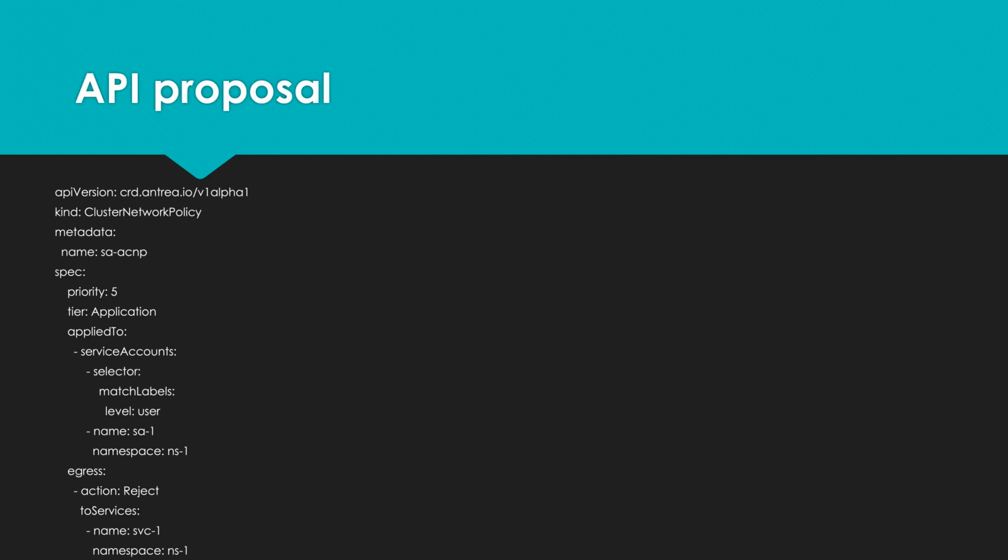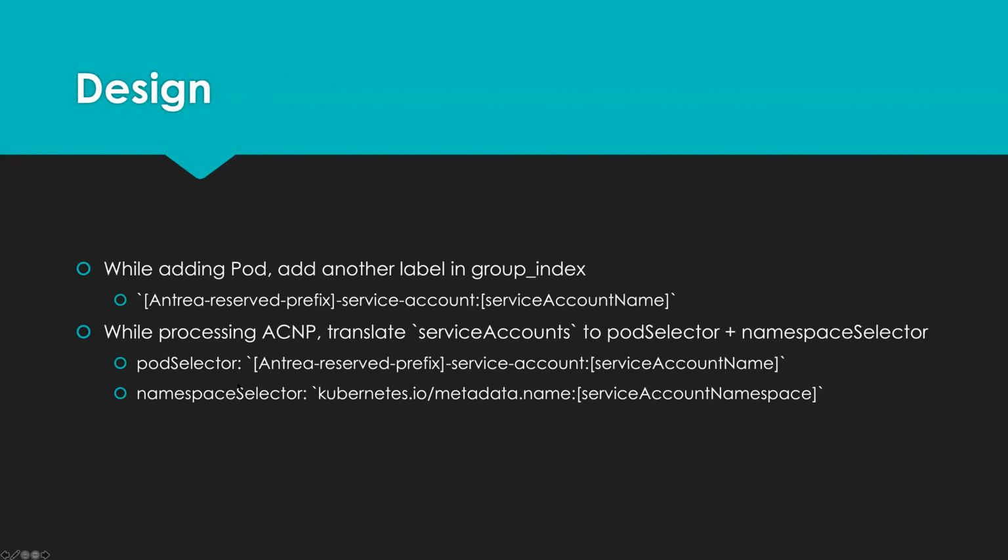In this case, it can be used as a name and namespace combination, or a label selector, like we used in the pod selector and the namespace selector. So in this case, all pods with those service accounts will be selected by this service accounts selector. Any questions so far?